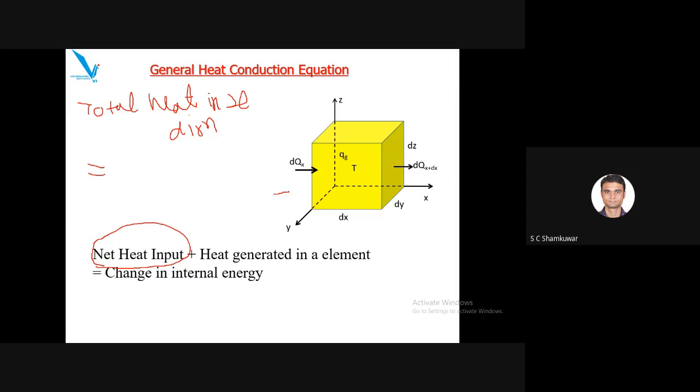How many heat interactions are there in x direction? There are two heat interactions in x direction, right? dqx and dqx plus dx, where dqx is coming inside the rectangle, so its sign convention will be positive. Minus, why minus? Because dqx plus dx is leaving the rectangle in x direction, therefore it will be minus.